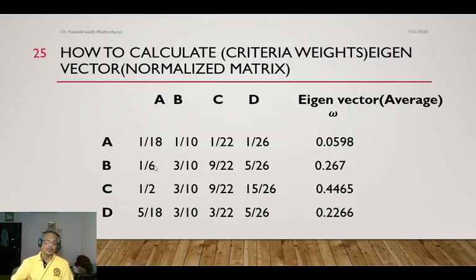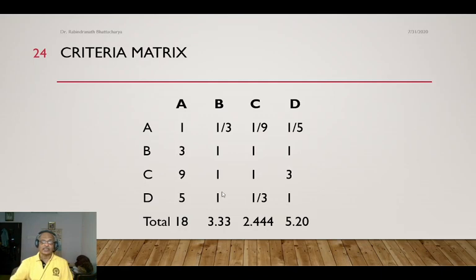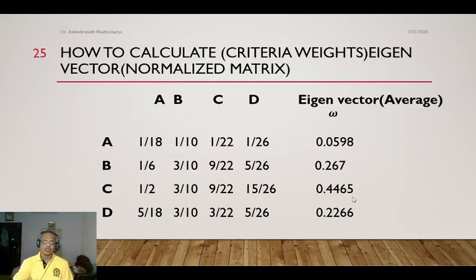So what I did originally, whatever numbers were there, I just divided by 18: 1 by 18, 3 by 18, 9 by 18, 5 by 18. So it comes to 1 by 18, 1 by 6, 1 by 2, and 5 by 18. Now, if you add up these numbers row-wise, you will get certain values.